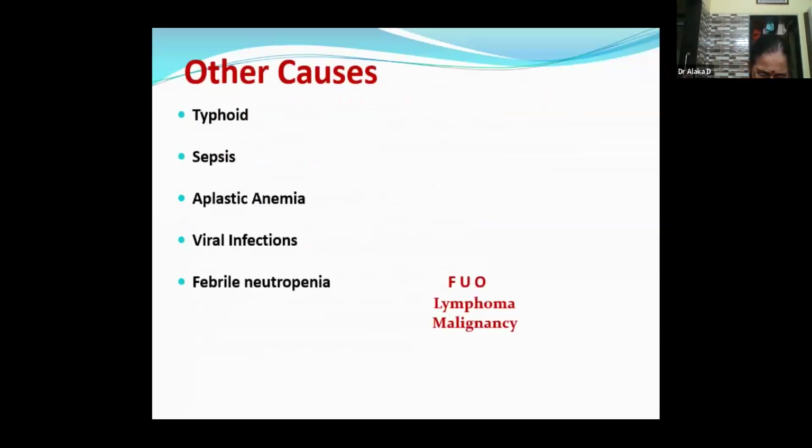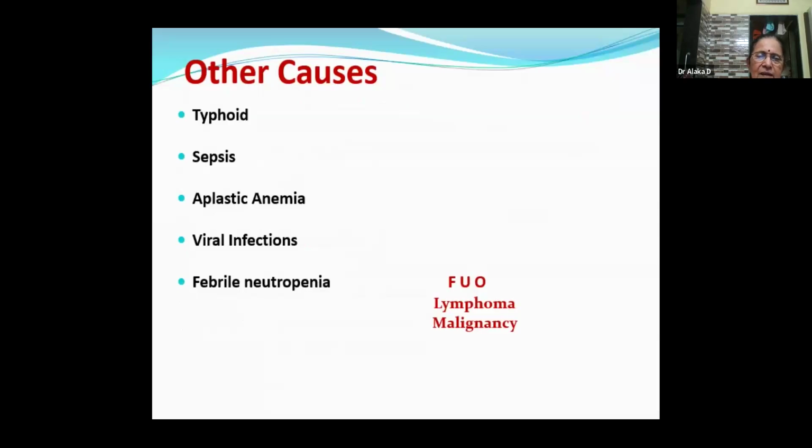The other causes of thrombocytopenia are typhoid and sepsis. In sepsis also there is an immune suppression. At the same time, in sepsis you will get disseminated intravascular coagulation, and therefore there will be thrombocytopenia. There is a consumptive coagulopathy, that means the platelets are consumed.